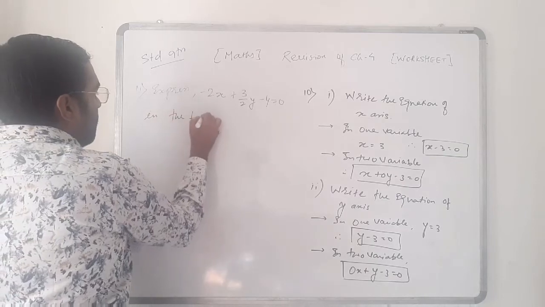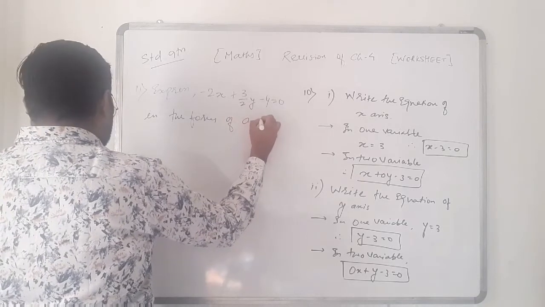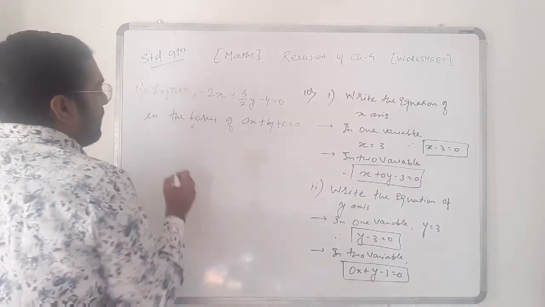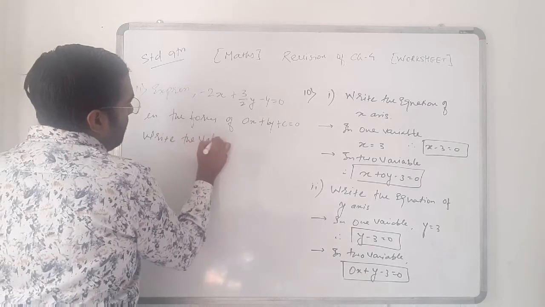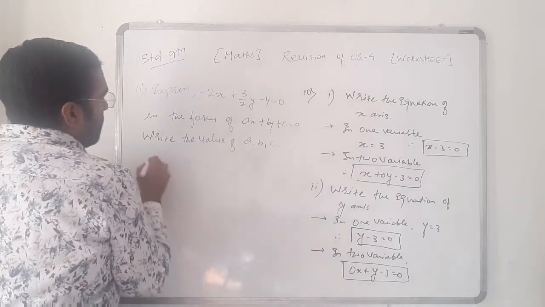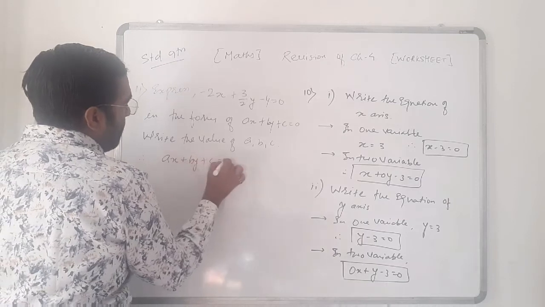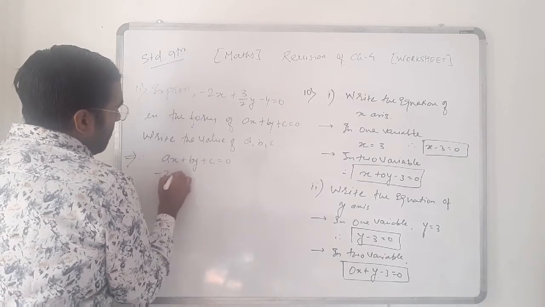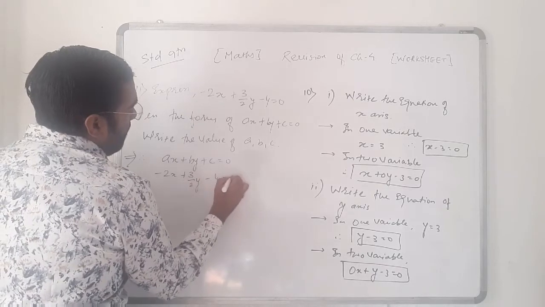in the form of ax plus by plus c equal to 0, and write the values of a comma b comma c. So here ax plus by plus c is equal to 0, and my equation is minus 2x plus 3 by 2y minus 4 equal to 0.